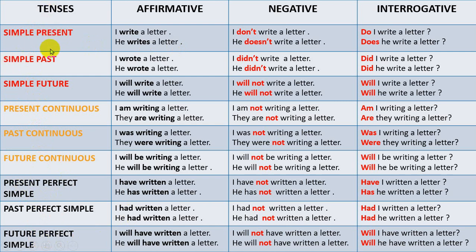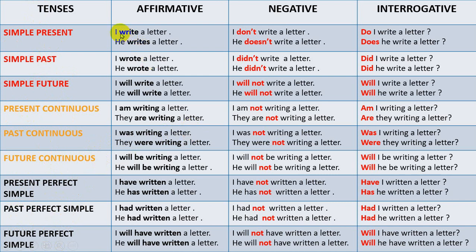So these are most of the general tenses in English, except the other three: present perfect continuous, past perfect continuous, and future perfect continuous. But if you understand this, I am sure you will understand the rest.